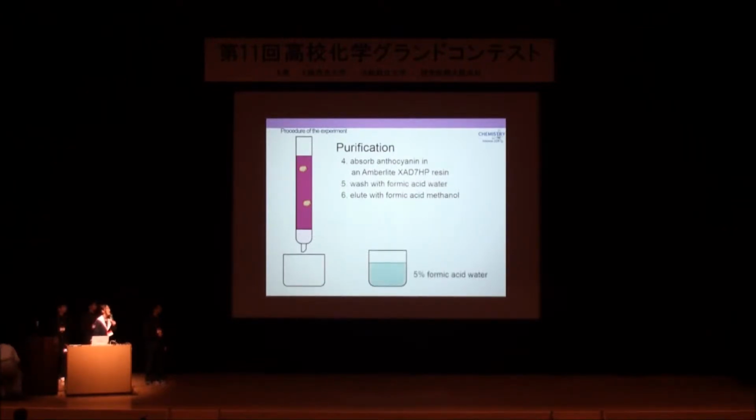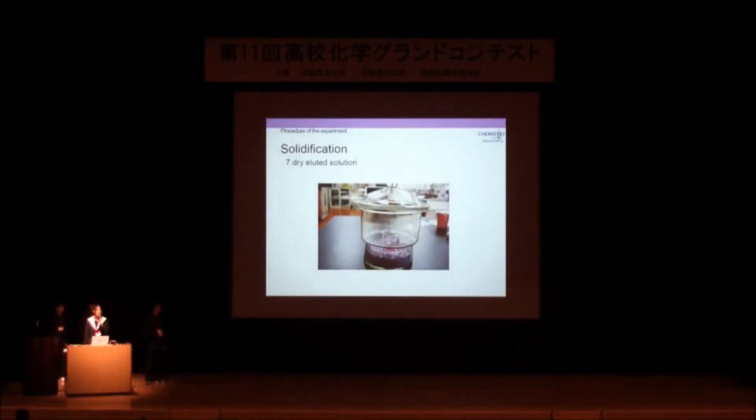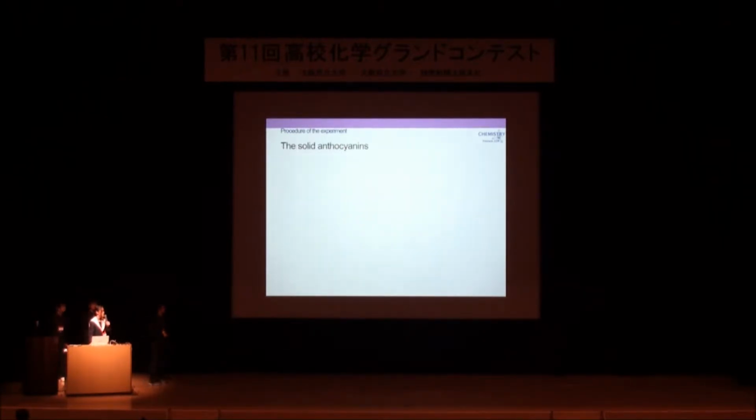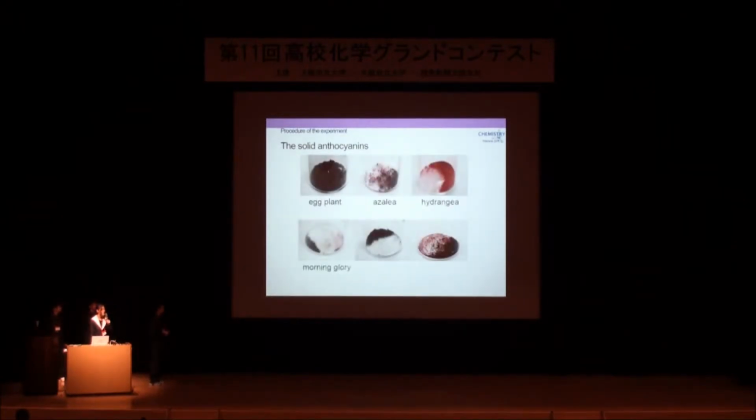Then, we washed it with 5% formic acid water solution and eluted anthocyanin attached to the resin with 5% formic acid mineral solution. At last, we concentrated the eluted solution by rotary evaporator and dried it in a desiccator. In this way, we got solid anthocyanin.